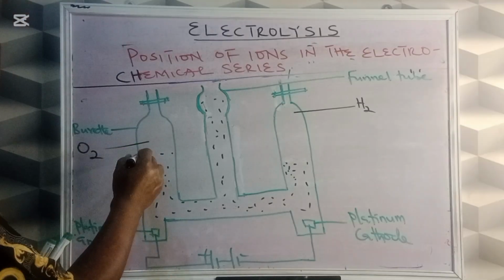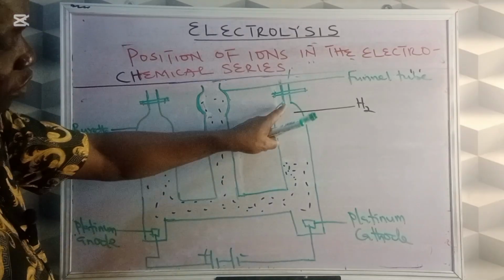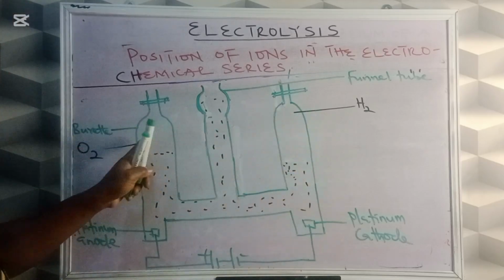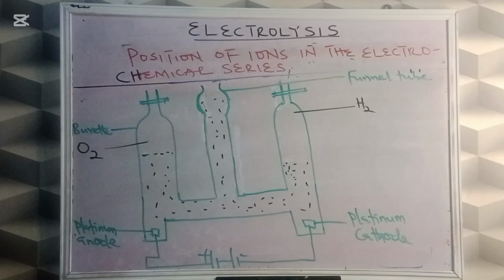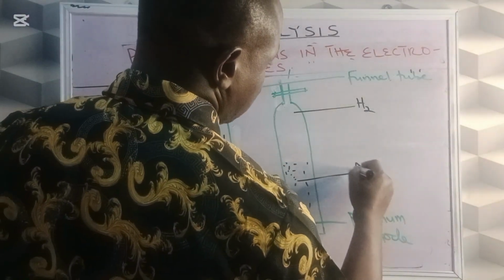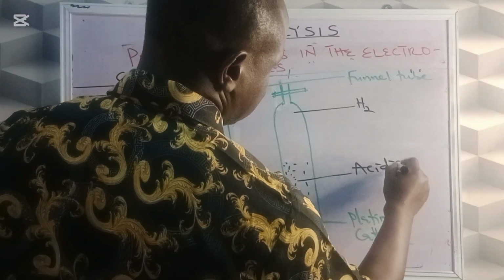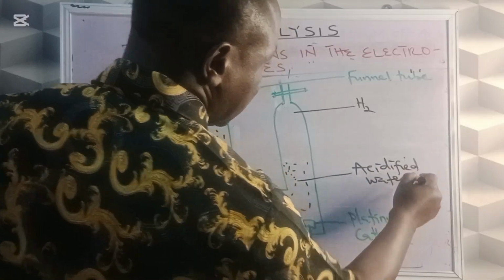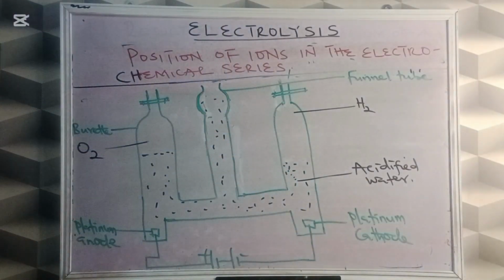You can see the volume here is twice, because it's 2:1. It's always twice the volume of oxygen. This is a voltameter, and this is acidulated water, or acidified water, meaning water in which a small quantity of H2SO4 is added.